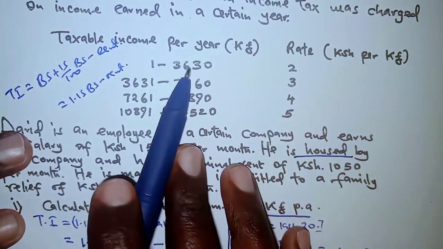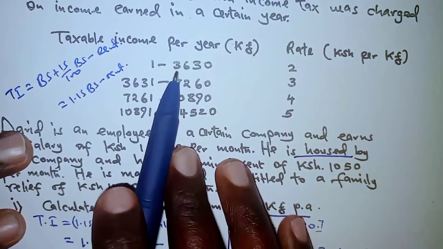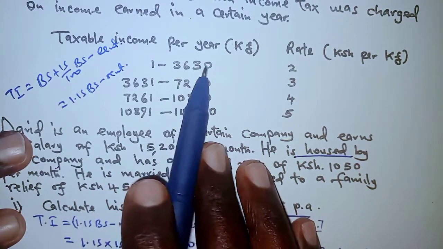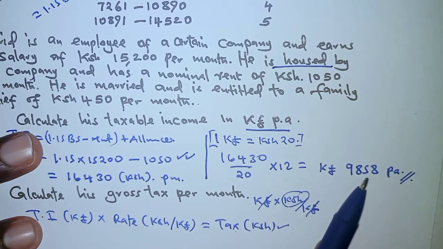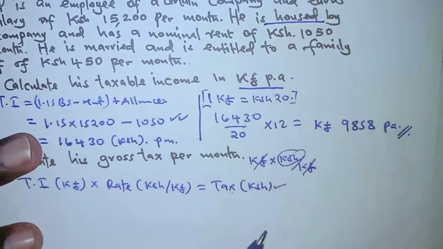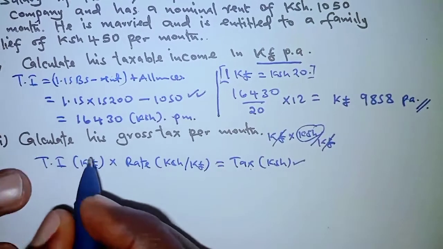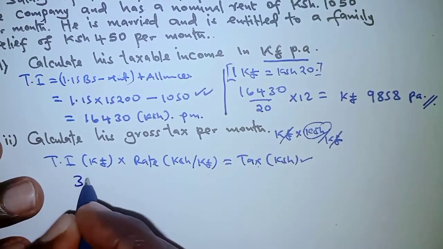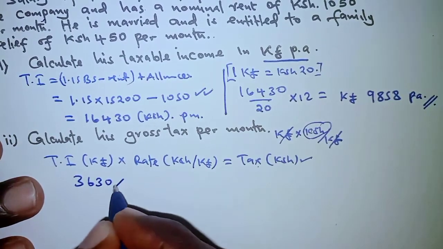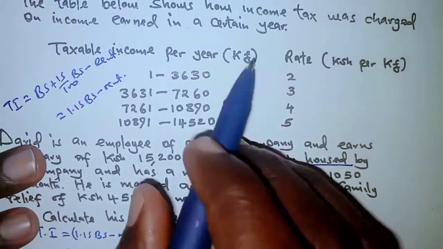So in the first band, we have 3,630, and that is way below 9,858, which is the taxable income. So we simply take that amount, 3,630 multiplied by the rate there.